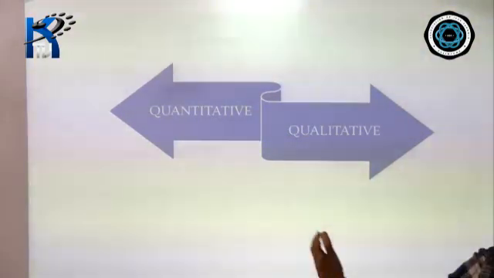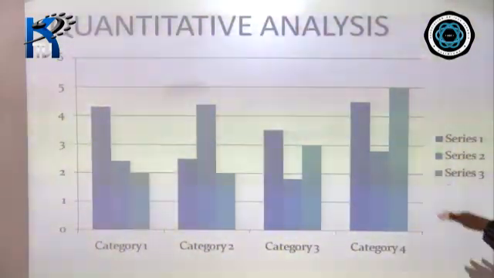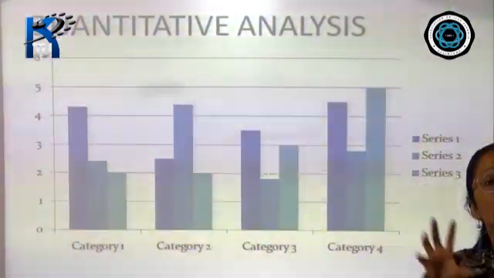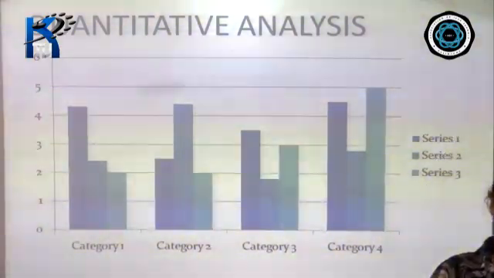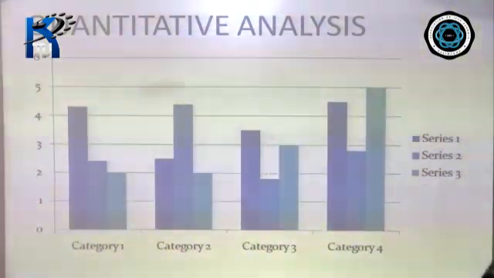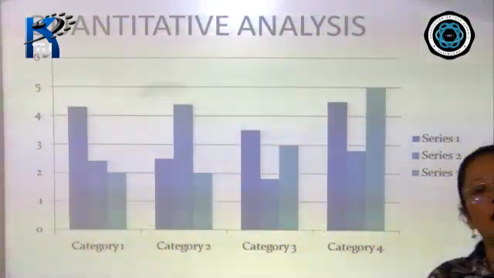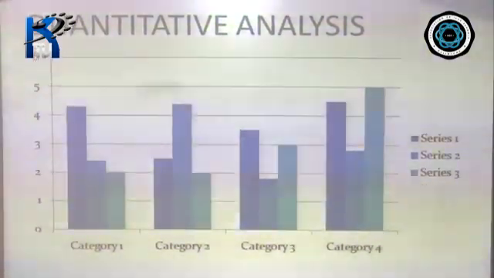Let me show here the statistical representation of the quantitative analysis, where the council wants to find out the highest mark scored, the lowest mark scored, or the mean marks scored. They also do a comparison region-wise, state-wise or gender-wise, etc. So it all comes under quantitative analysis.